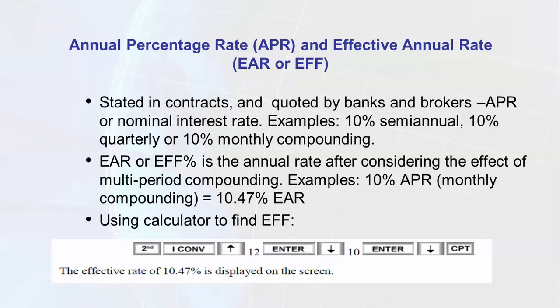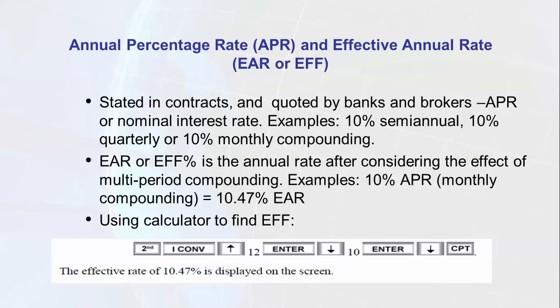Also, before jumping to the time value of money problems, in other words present value or future value, I'm going to briefly explain annual interest rate and effective interest rate. So, what is APR? When you go to buy a car, you'll see APR 4.5%.